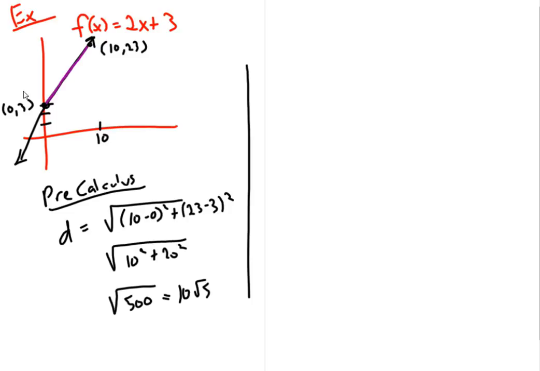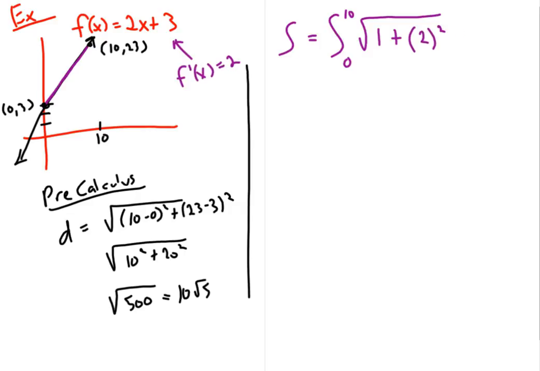Now, if this new formula that we just derived is valid for functions, then it's valid for any functions: quadratics, cubics, trigonometric functions, but also linear functions. So we can apply that here. This is s, we mean arc length, the integral from 0 to 10. Those are my x values. 1 plus, and then this is going to be the derivative of the function.